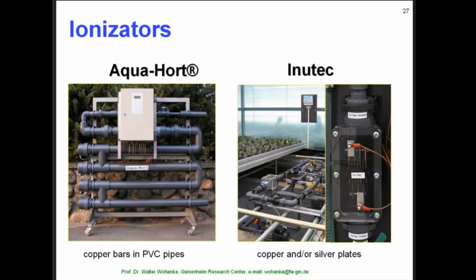for example. Other systems here, for example, from Inotec, are more compact, containing copper or silver plate electrodes or even alloys of both metals in a flow cell chamber. But they don't have the automatic regulation of the concentration at varying EC values, which, from my point of view, is a crucial downside.